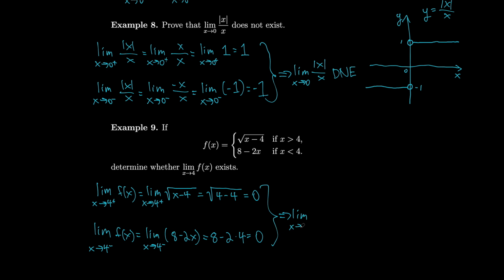So that means that the two-sided limit exists and is equal to 0. Again, we could take a look at a graph to verify this. Okay, so it's 8 minus 2x until it gets to 4. And then it becomes this square root function. And yeah, it makes sense. If you go in from the left or the right, you still approach 0 either way.